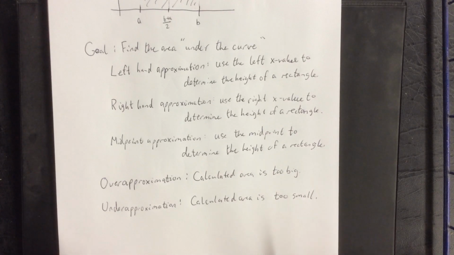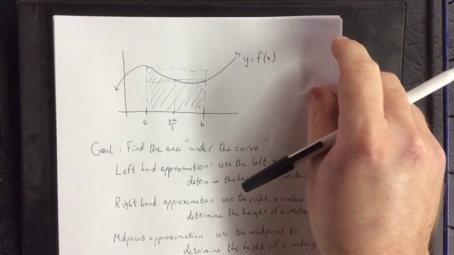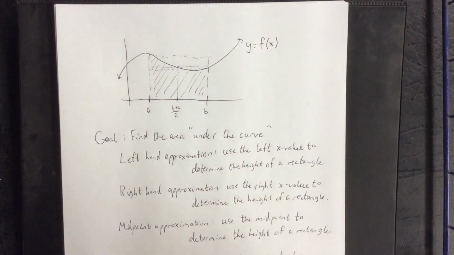Usually you can determine whether these approximations are over approximations or under approximations simply based off of taking a look at the graph. Now with those things in mind, there is a better way to come up with a better approximation.